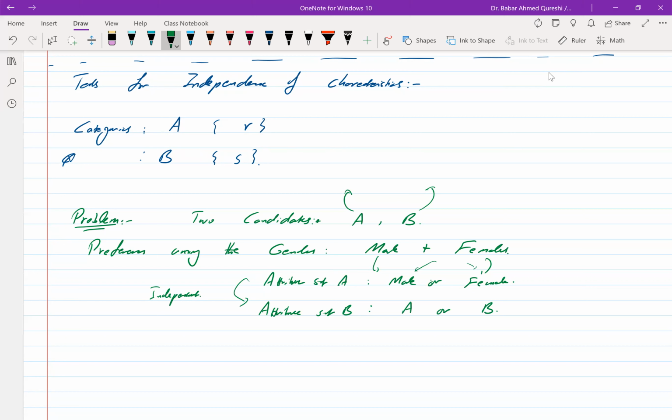So in other words, there are just these two sets of attributes, and we want to see, are they completely independent? Does belonging to one category over here affect the probability of preference for the other category, B?